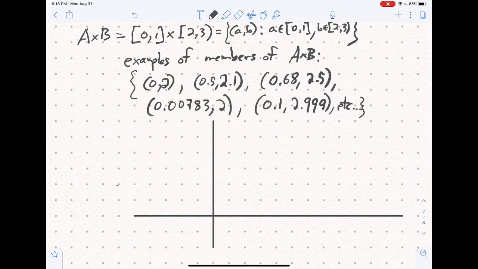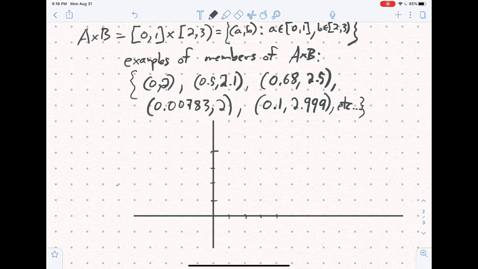Okay. And just to put in some marks, to make that really clear, on the x-axis, this is 0, 1, 2, 3, 4. On the y-axis, this is 0, 1, 2, 3, 4.